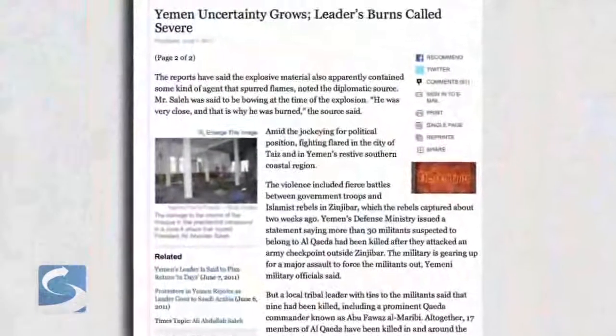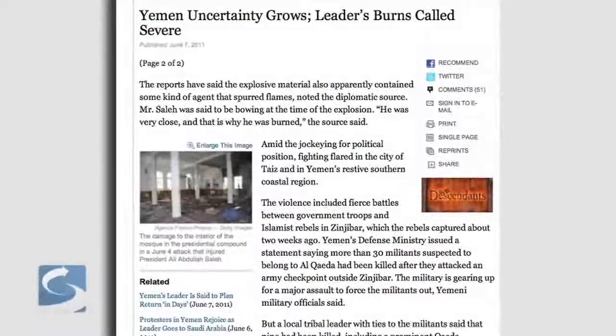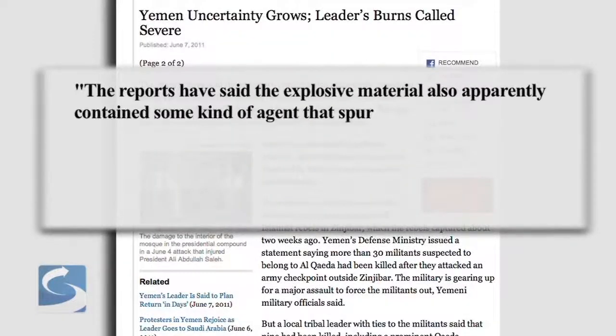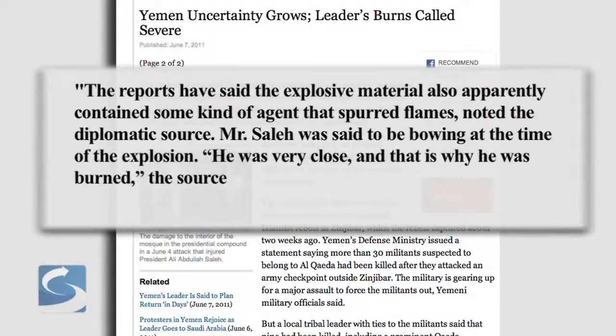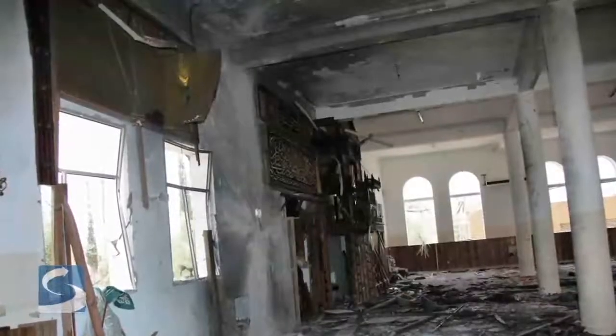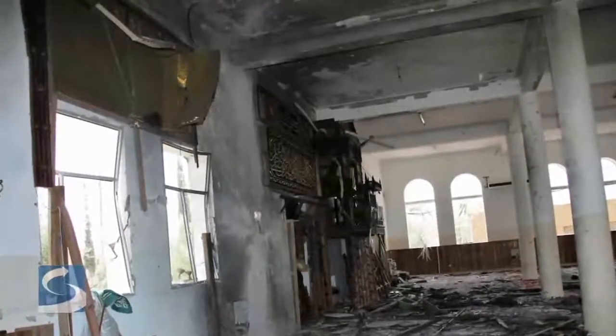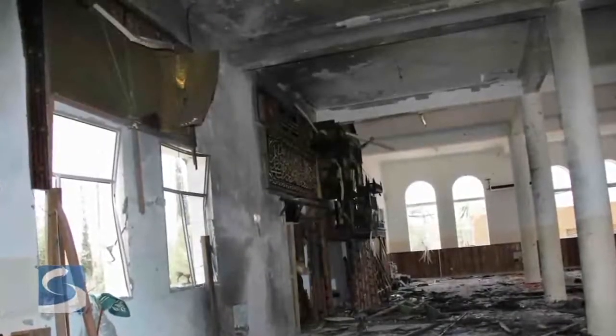We had received reports as well that there had been some sort of accelerant added to the charge, something like napalm or gasoline, that then burned the president and injured him that way. However, if we look at the scene, the charring that happens there, that black residue is really from the explosion itself, and that's explosive residue.